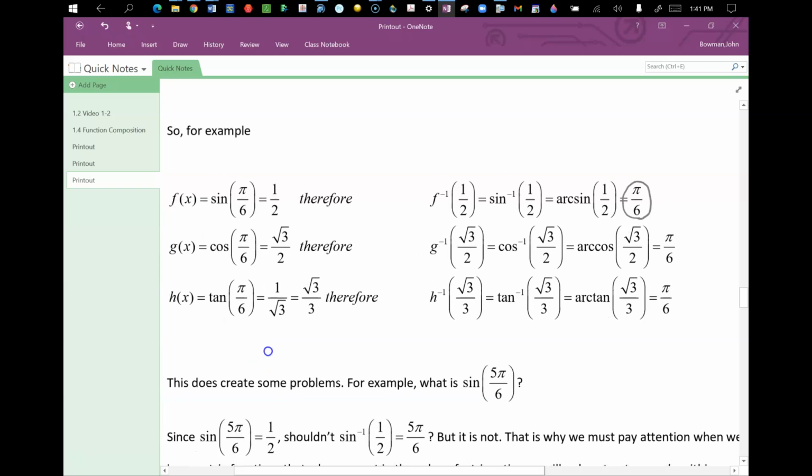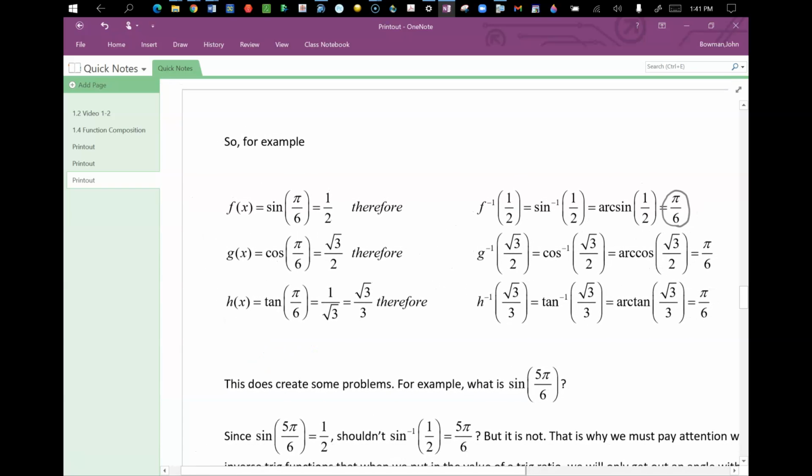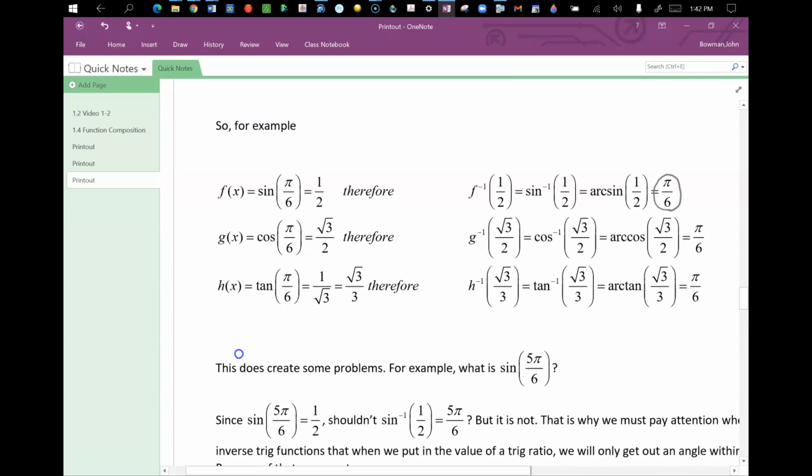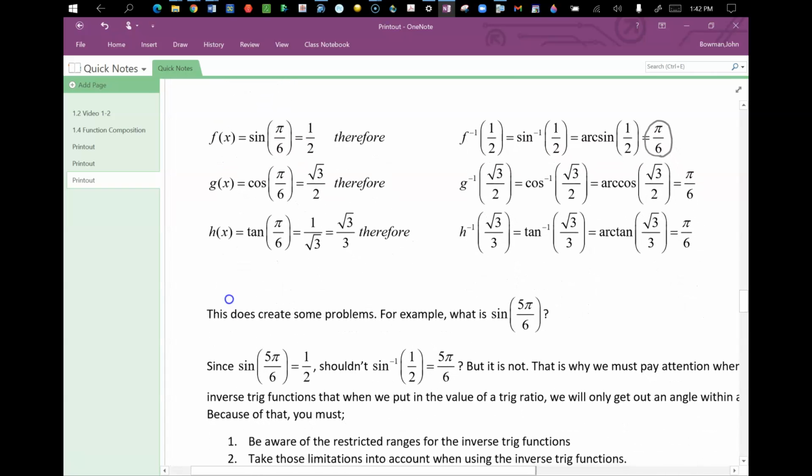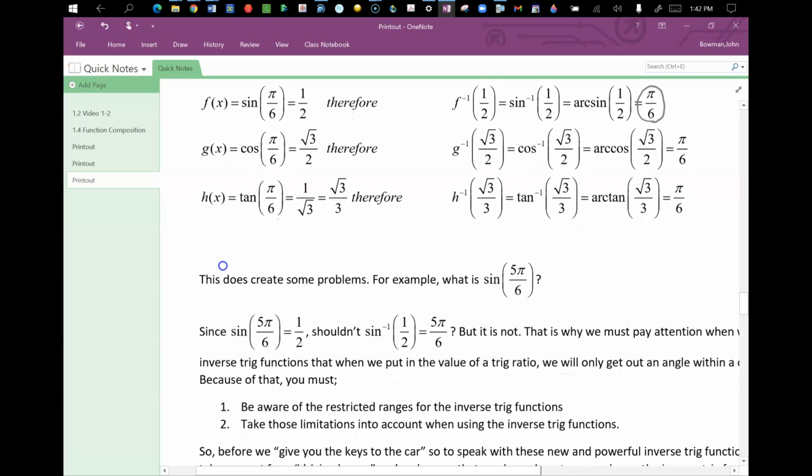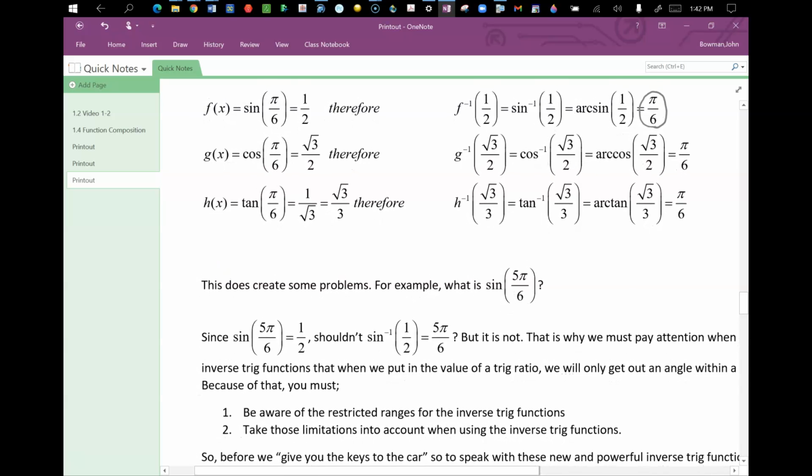So now that we can plug in trig ratios and get only one specific angle, we can call the inverses functions. However, this does create some problems. Take, for example, the sine of 5 pi over 6. The sine of 5 pi over 6 is 1/2, so shouldn't the inverse sine of 1/2 be equal to 5 pi over 6?